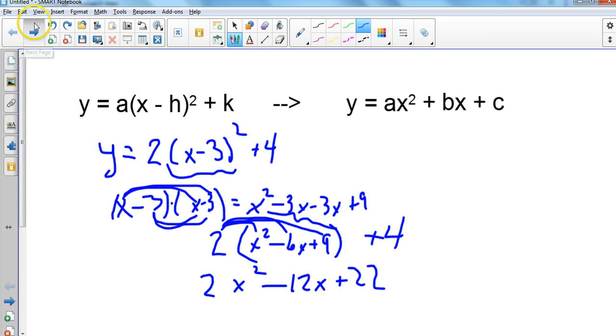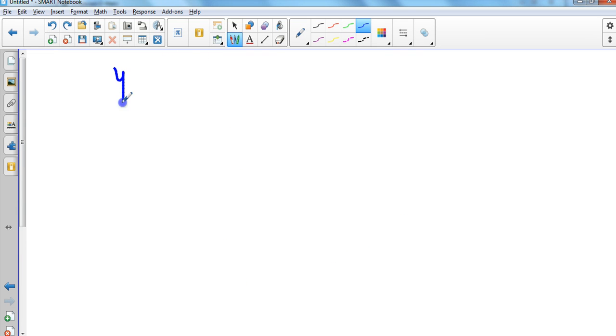Let's try one more. Let's say that we have y equals a negative quantity, x plus 1 squared minus 3. Same idea, we're going to take the squared term and rewrite it as x plus 1 times itself.